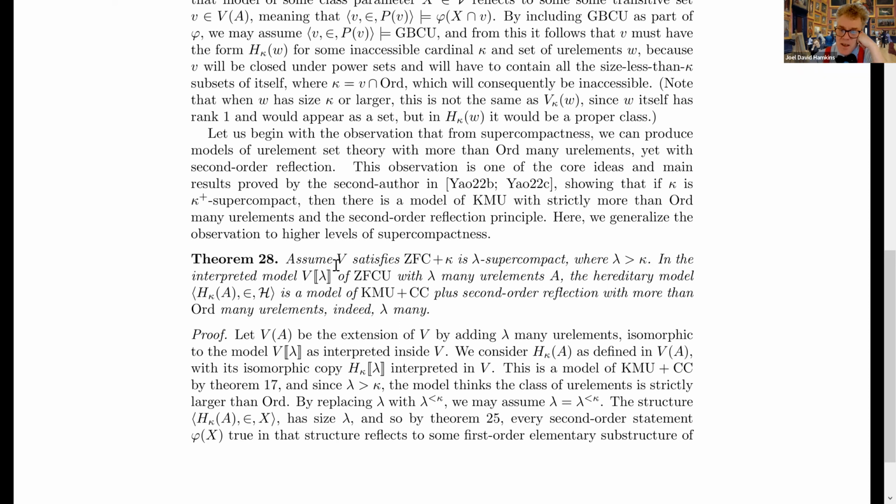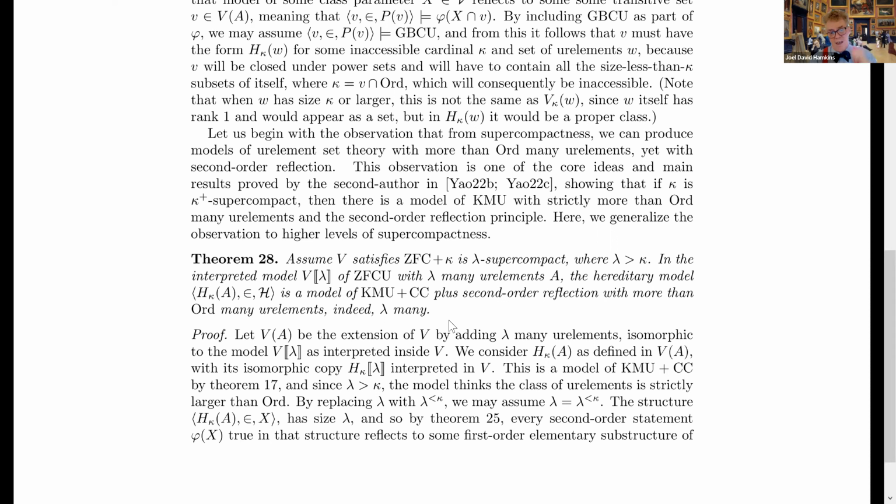Okay, so the main observation was that if you have a lambda supercompact cardinal and you make that V_κ, so that's going to have lambda many elements, and then you cut down to the hereditary structure, this is the H_κ^+ of that model, then you're going to get second order reflection holding there.